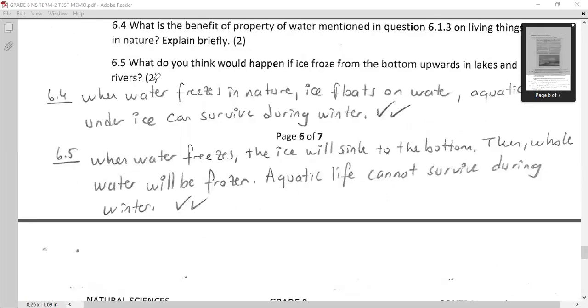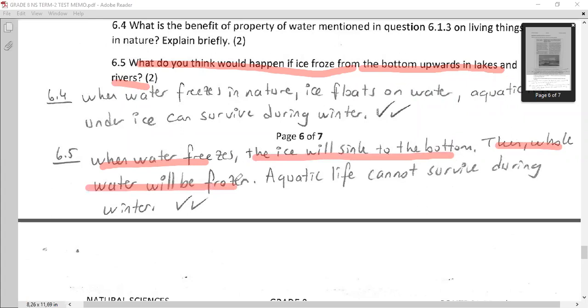Generally. Okay, 6.5. What do you think would happen if ice froze from the bottom up in the lakes and the rivers? When water freezes from bottom to up, as I just explained, the ice will sink to the bottom, and then the whole water will be frozen, and the aquatic life cannot survive.